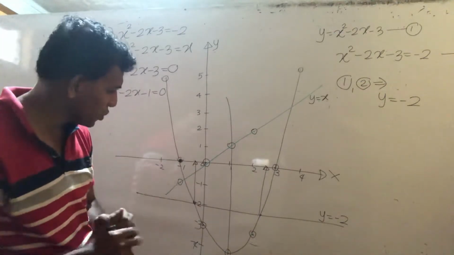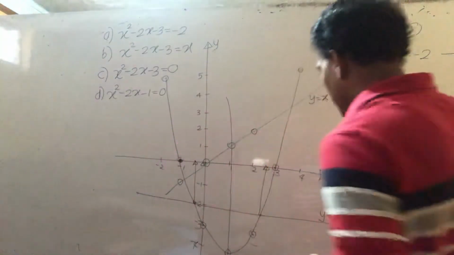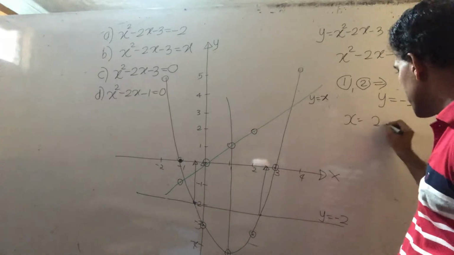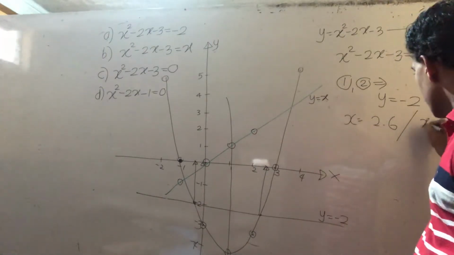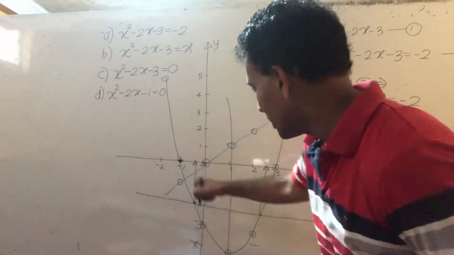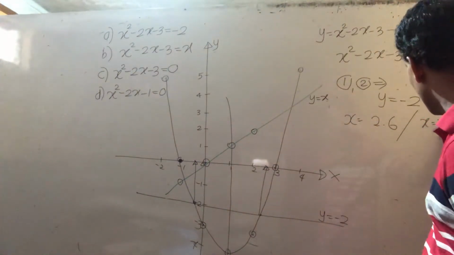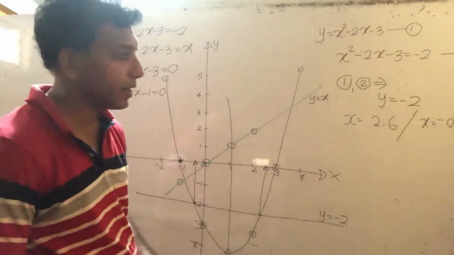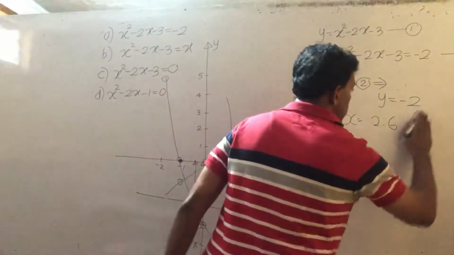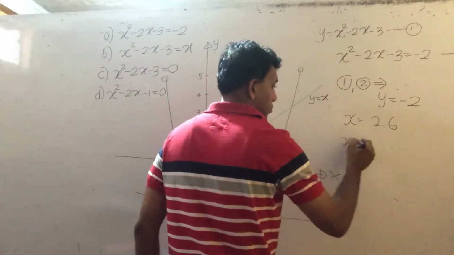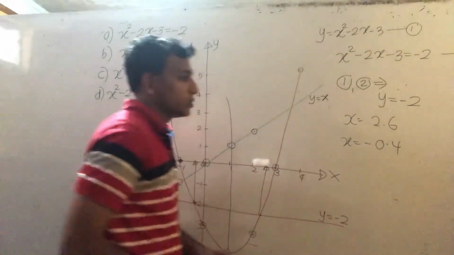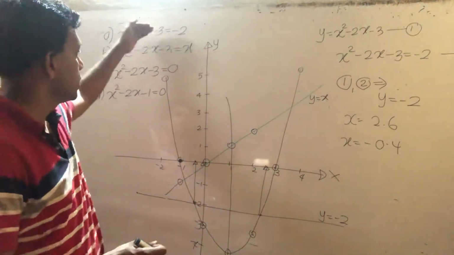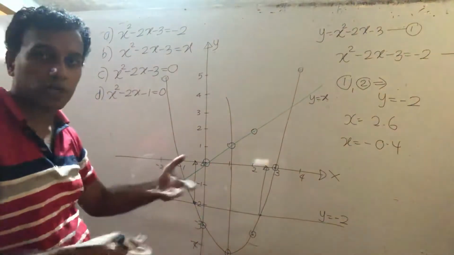If you draw properly on the graph sheet, you can determine the values. Roughly, x equal 2.6 or x equal minus 0.4. In the final paper they ask only one quadratic equation to solve by graph, with so many parts to improve your knowledge of solving.